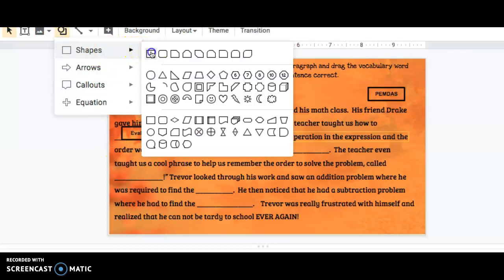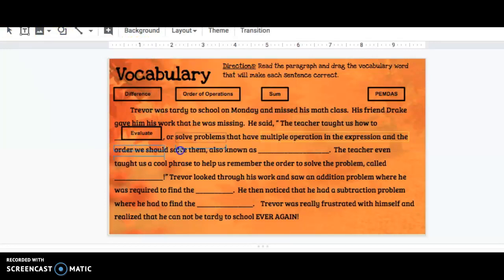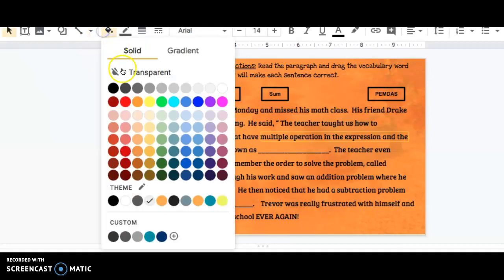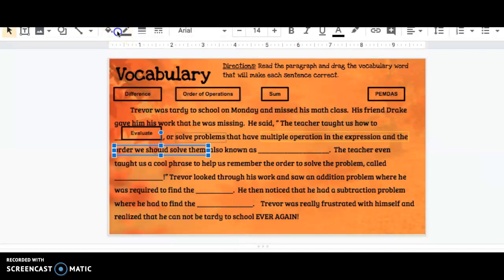So which one of our words tells us when we have multiple operations in them and we have to solve them in a specific order? So that word order is very important. That's a very key word for us. So is that difference, order of operations, sum, or PEMDAS? And you would say order of operations, because of the order of how you solve the operations in that problem.